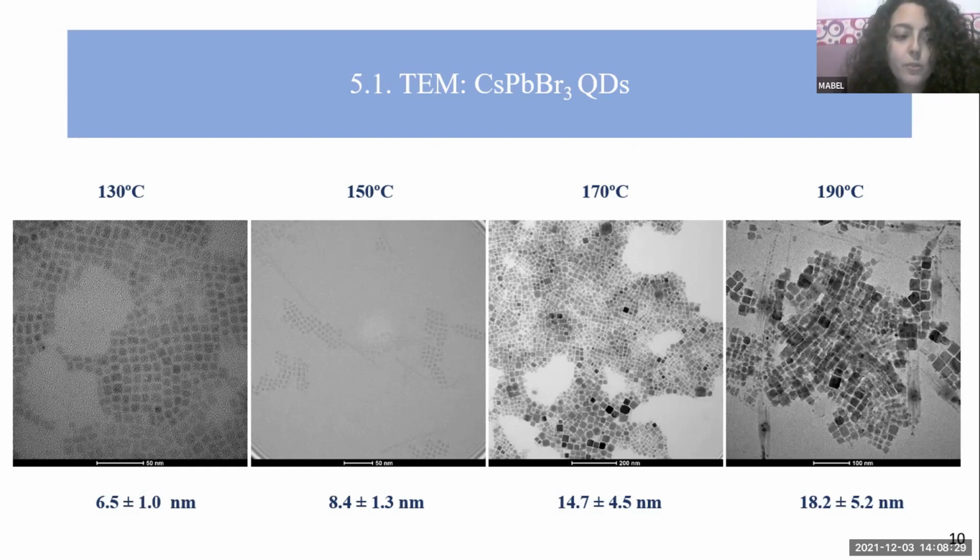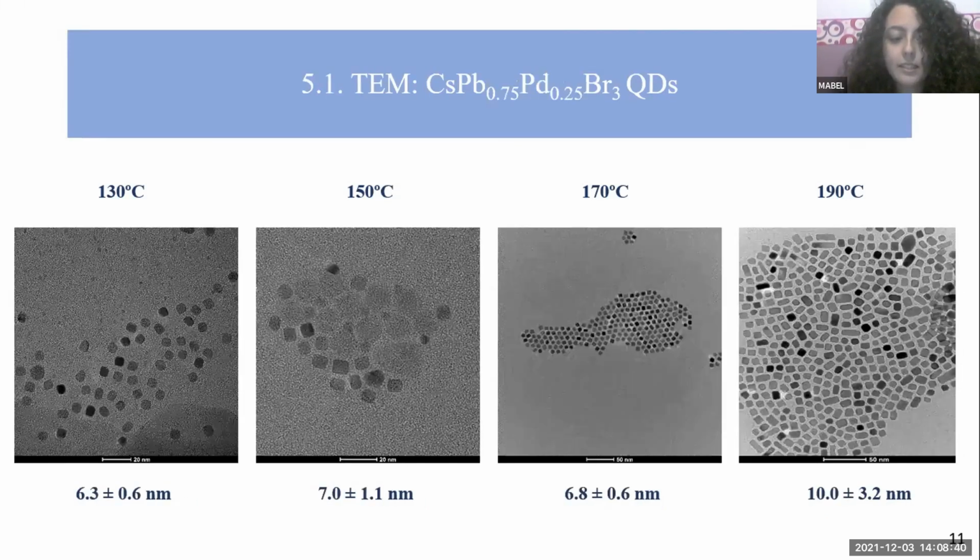Those results show that the size of the nanoparticles increases gradually when the temperature is increased. In the case of the palladium-doped cesium lead tribromide quantum dots, we can observe the temperature effect on the quantum dot size, which ranges between 6.3 and 10 nanometers.